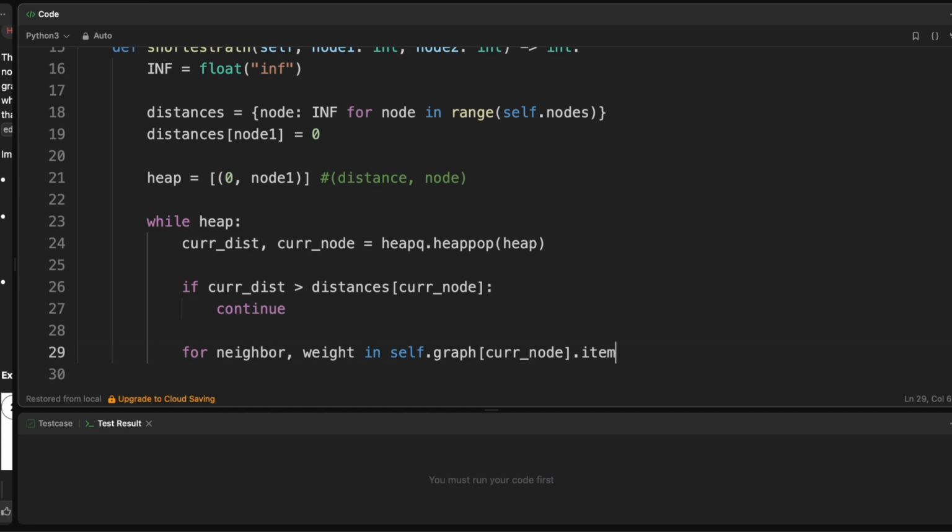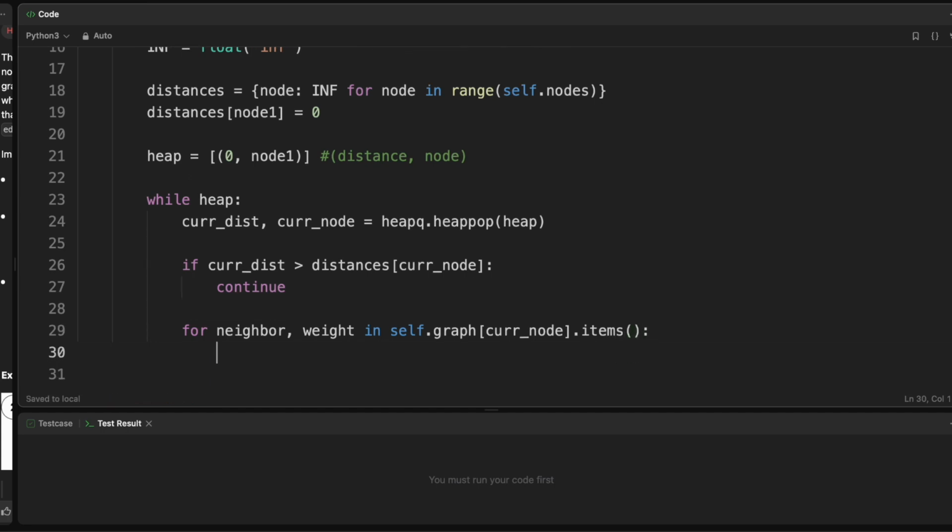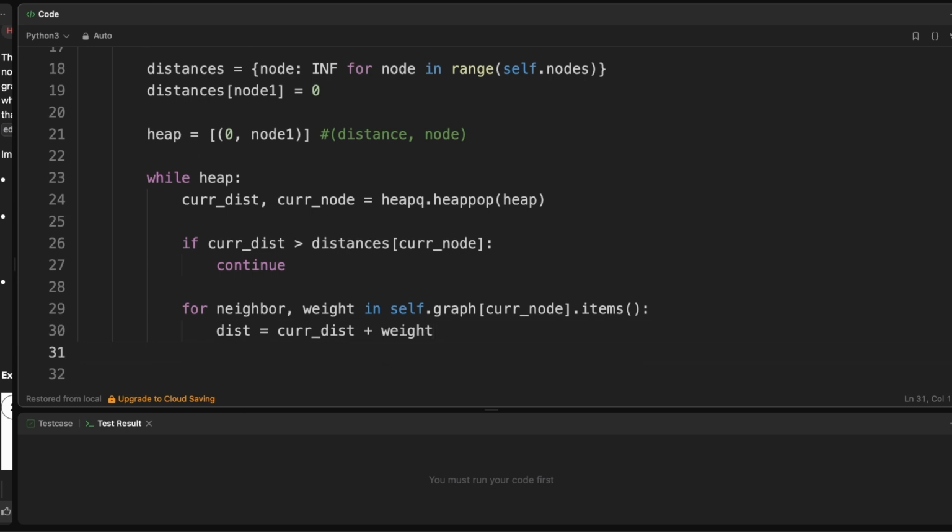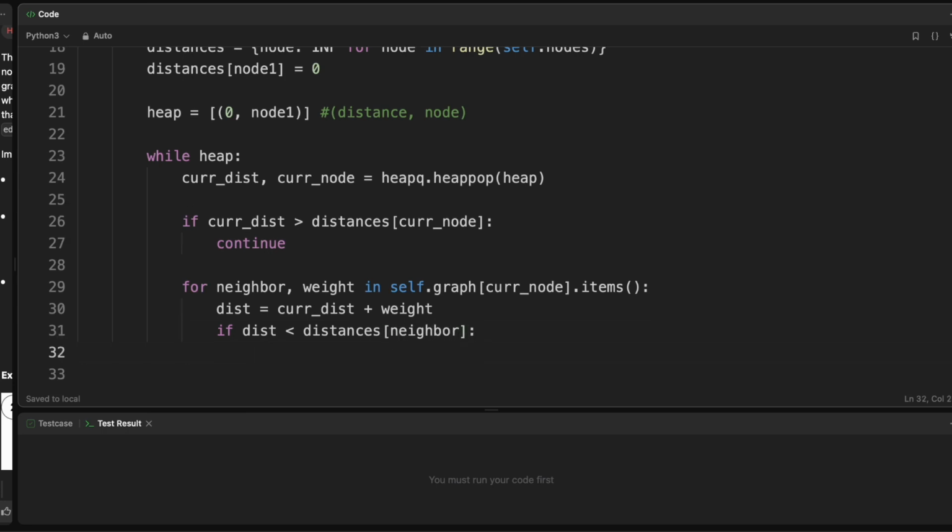And let's go over the items, and the distance will be current distance plus weight, because we just reached this node using the current distance, so we're gonna add that. And then we have the weight, which is the cost we incur for traveling to that particular node. And if the distance is less than distances at neighbor, what this if condition basically means is that we've found a smaller cost path to that particular node.